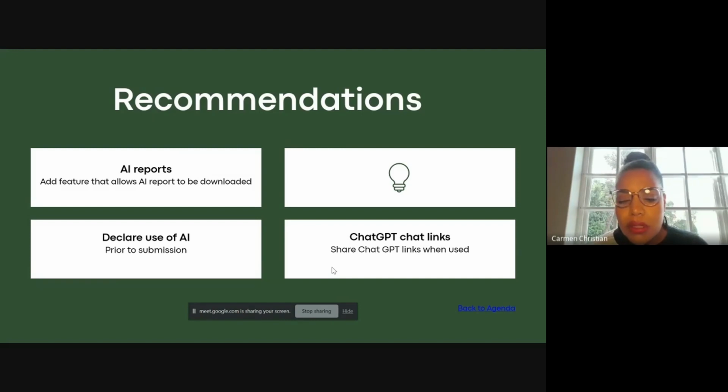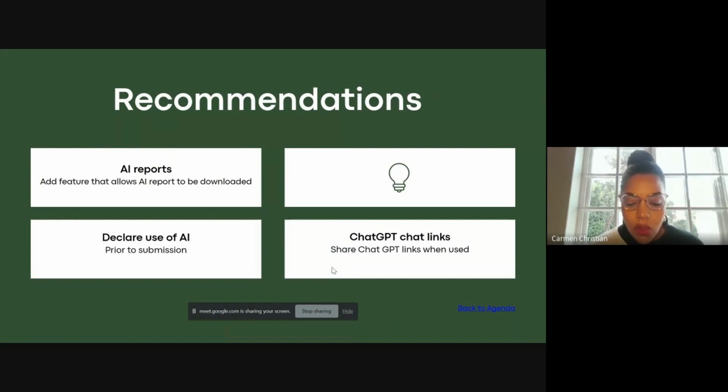But more importantly, I'm starting to think that these AI detection tools should be used in conjunction with other processes or additional information when students are submitting various assignments.